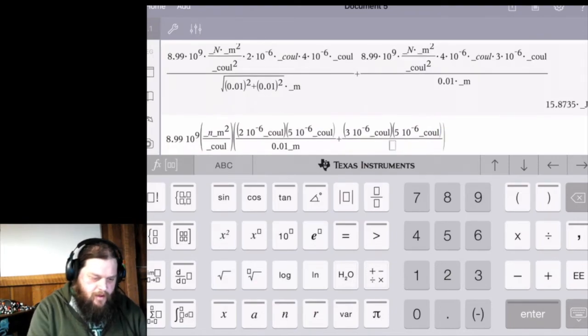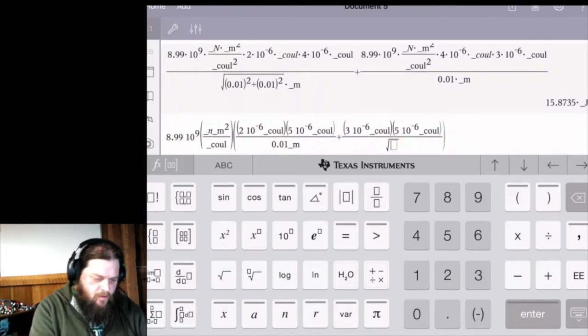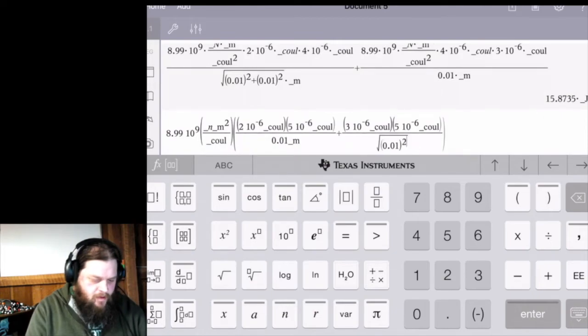I'm going to divide that by the square root of 0.01 squared plus 0.01 squared, and that whole thing should be in meters.